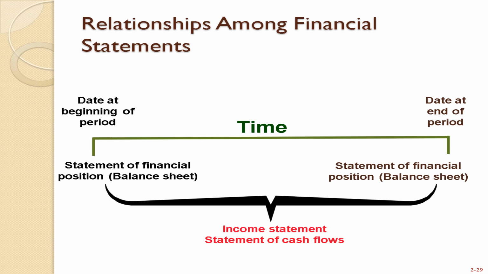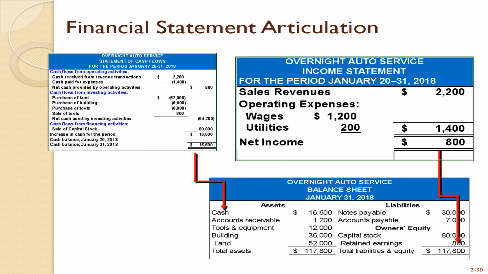There must be a question arising in your mind. What is the relation among these financial statements? See, all financial statements are interrelated. We can start with the balance sheet at the beginning of an accounting period, analyze the income and cash flow of the company, and arrive at the end balance sheet. This is the balance sheet for Overnight Auto Services at the end of January.